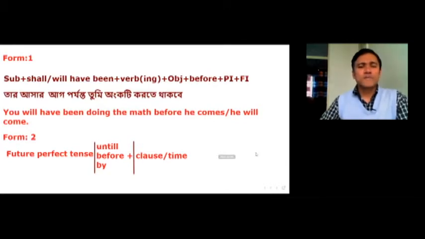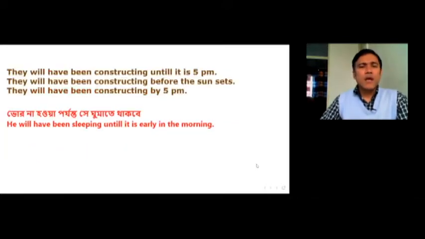Form 2. Future perfect tense plus until, before, by plus clause time. Have a look on 3 examples I have written here for you. They will have been constructing until it is 5 p.m. They will have been constructing before the sun sets.